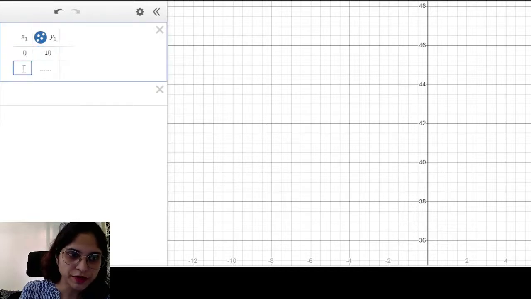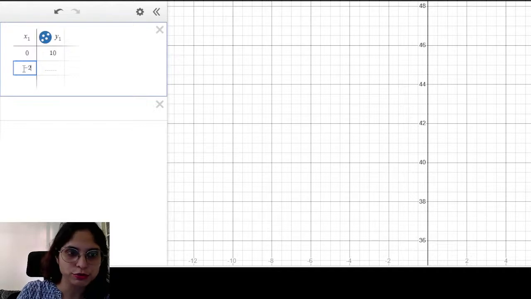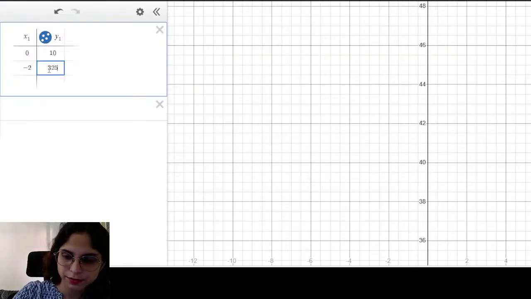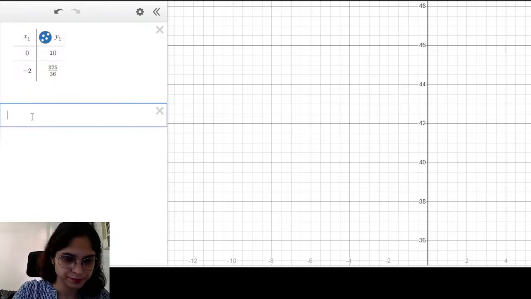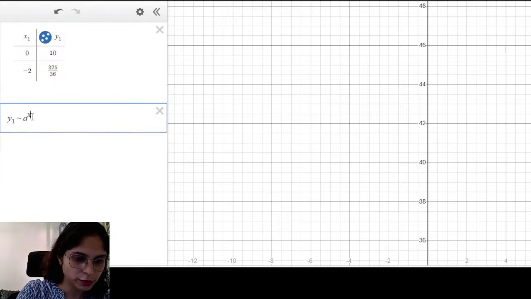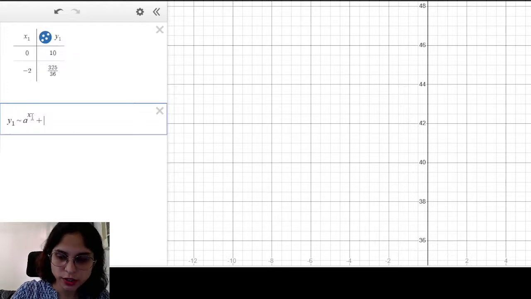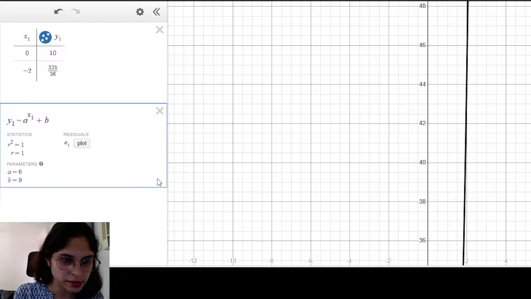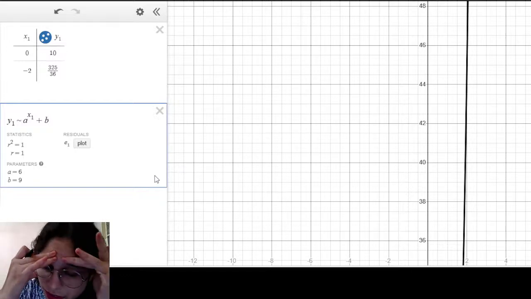So that is why you have to be very careful about when to use Desmos and when not to. Because they have given you this equation, that is why we are using a to the power x plus b. If nothing is given, we use a times b to the power x. In most of the questions you might have seen, they say no additional withdrawals, no additional deposits.